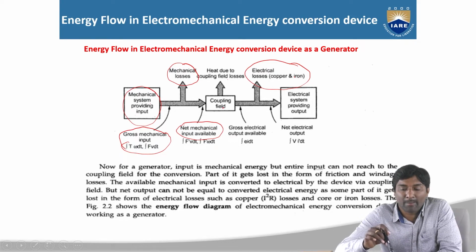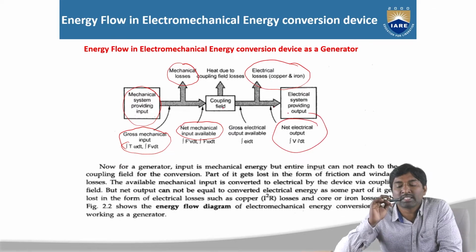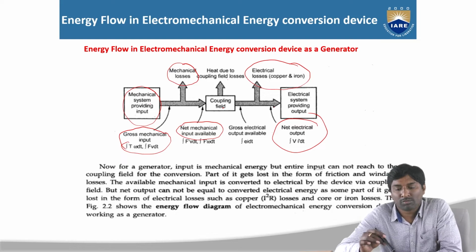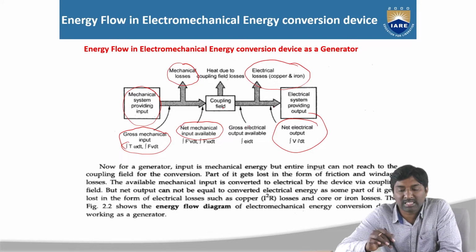Subtracting the electrical losses from the gross electrical output available gives the net electrical output, which is the integration of VI dt. That is the electrical output I get here.